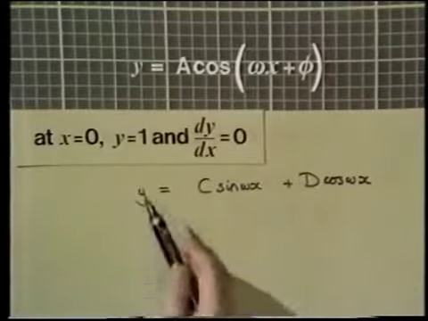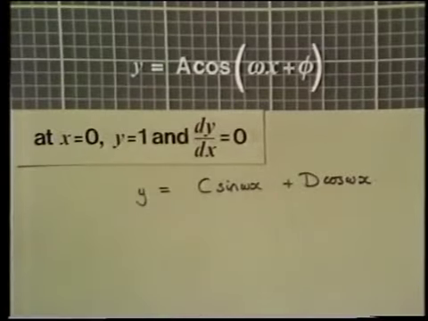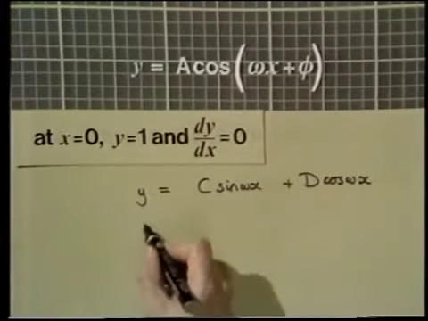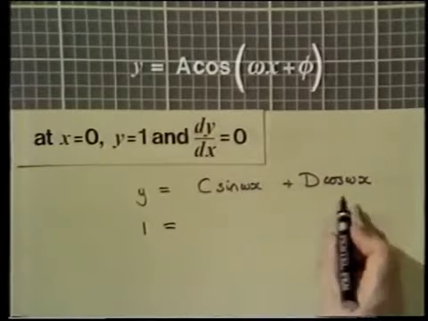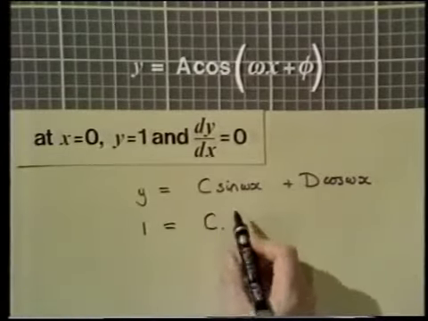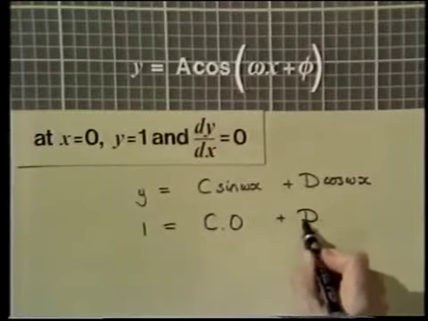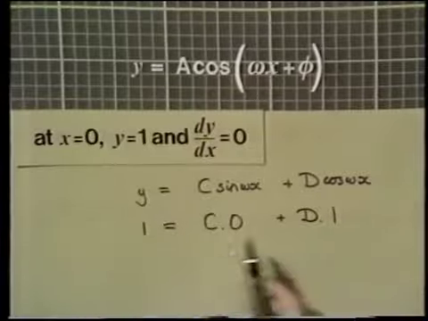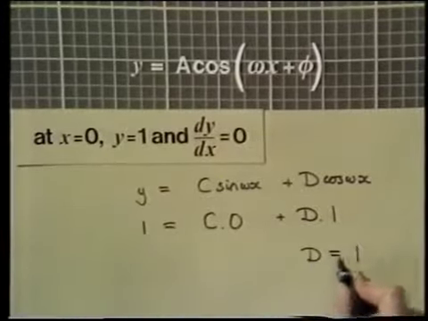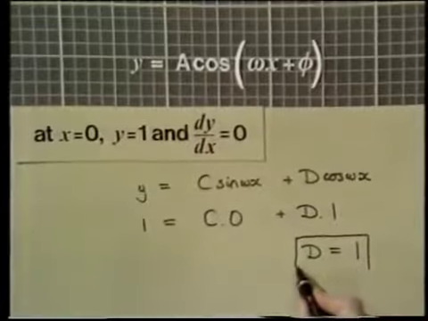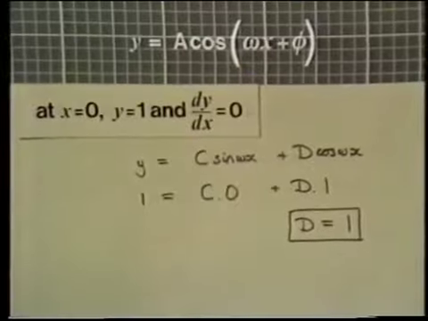Now let's just use one of these conditions, the fact that y is 1 when x is 0. So I just put in y is 1, and I have to put in x equals 0 here. The sine of 0 is 0, and the cos of 0 is 1. So I'm left with D has to be equal to 1. And that's found one of the arbitrary constants here.